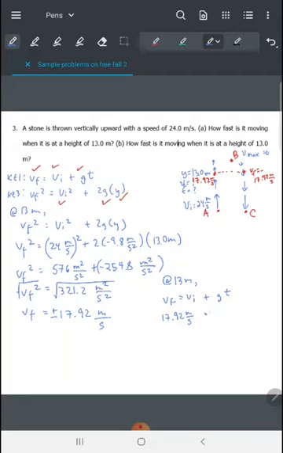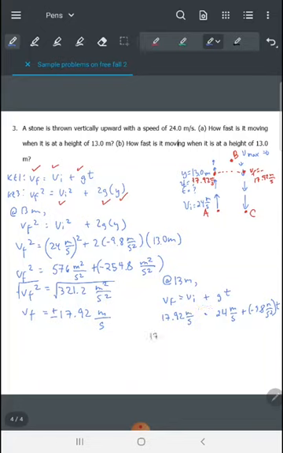Gamitin mo yung positive kasi paakyat yung kinonsider natin. VI is 24 meters per second plus negative 9.8 meters per second squared times the time. Okay. Obviously, hindi mo pwedeng i-add yung 24 saka yung negative 9.8, diba? Kasi may kasamang time yung 9.8. Pwede mong gawin, i-transpose mo yun sa kabila.